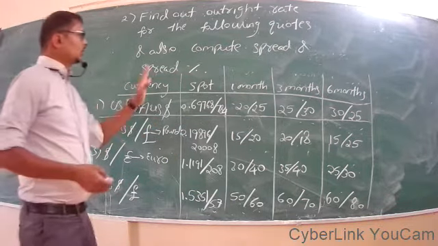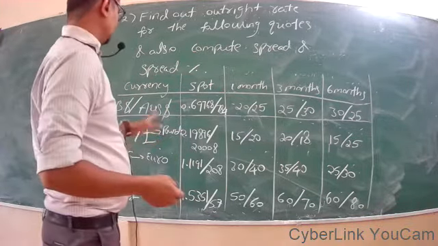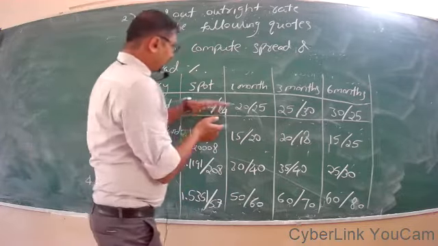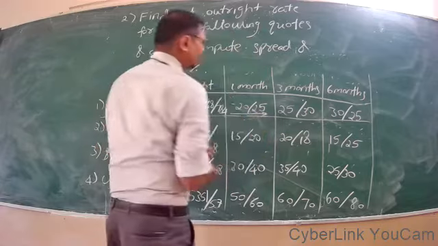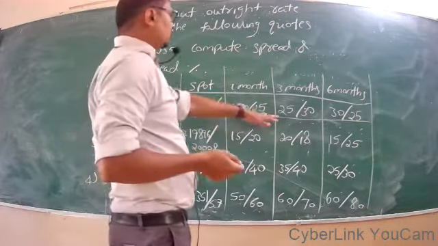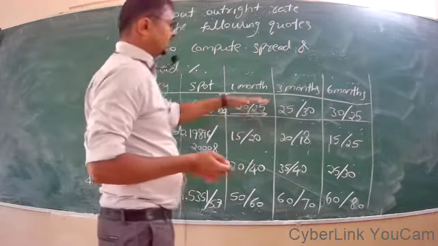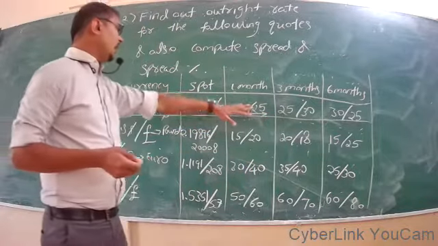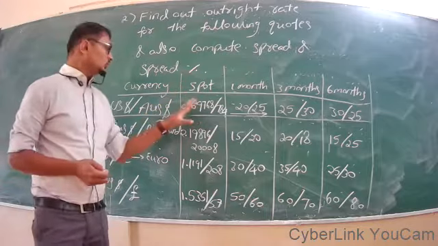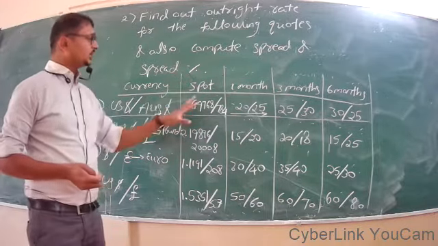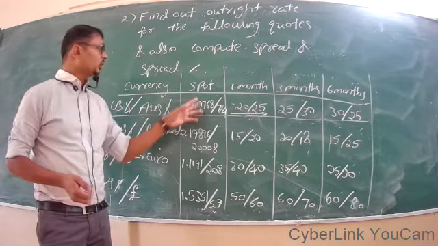Now, like last class, if the swap point is in increasing order, like 20 oblique 25, we have to add it to the spot rate. See, in the spot rate there are two prices included in a single quote, called a two-way quotation.